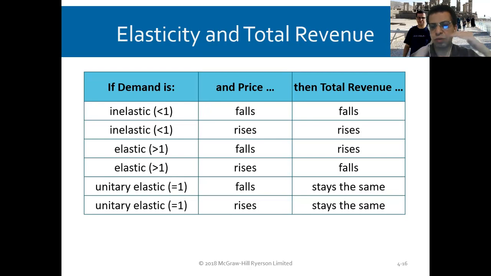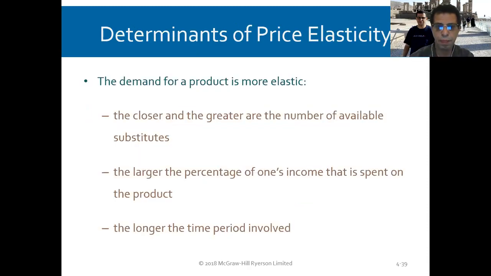So the multiplication stays there. So in unitary elasticity, if the price falls, it stays the same, and if it rises, it stays the same, because the percentage change in the price affects the same percentage change in quantity demanded.